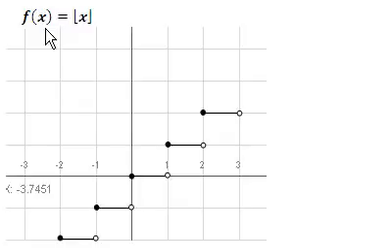Alright, we're going to be looking at this special kind of function here, the greatest integer function, or the floor function. So this is the graph of this function.